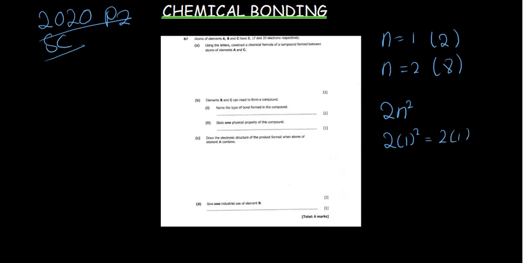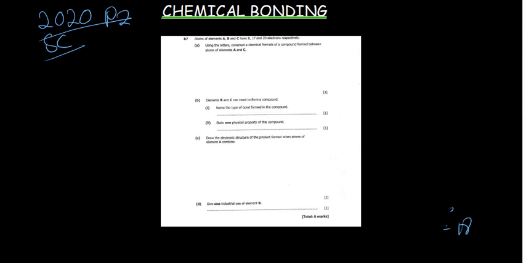For the second shell, n is 2. 2 squared is 4, multiplied by 2 gives 8. That's where the 8 comes from. We can go on to the third shell: 3 squared is 9, and 9 times 2 is 18. That shows the number of electrons the third shell can accommodate, and you can do the same for the other shells.